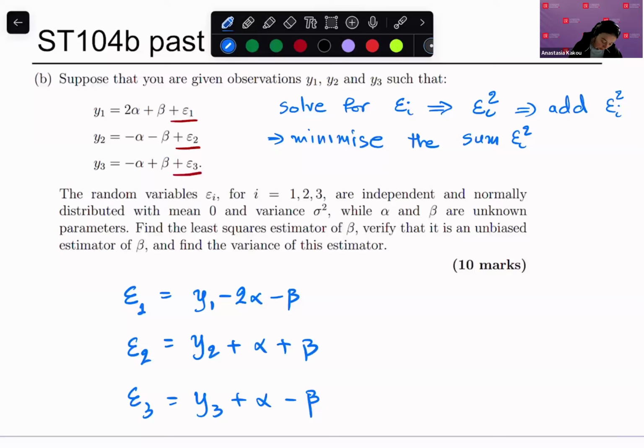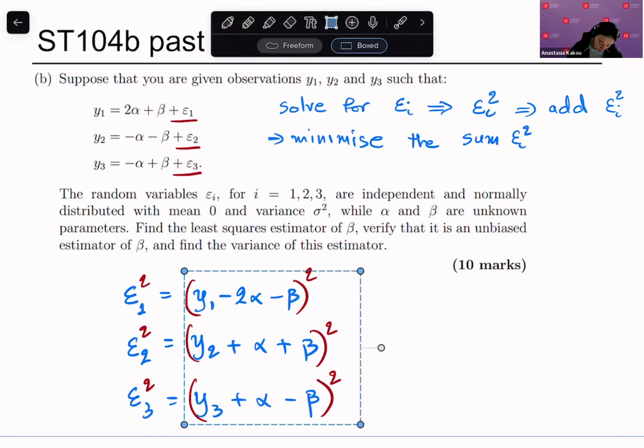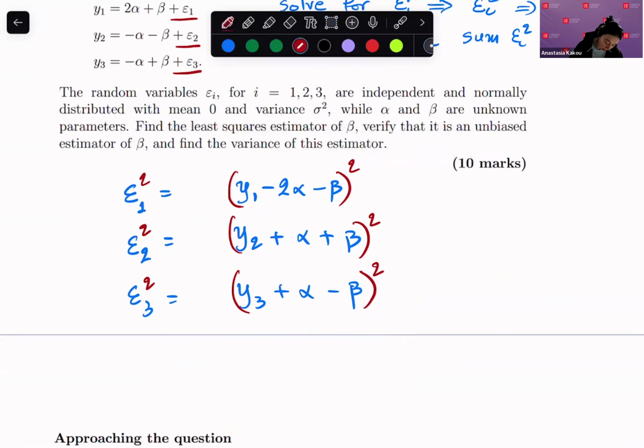And then, because this is what squaring is, the next step will be adding them up. So let me just write it as the sum. And then the last bit is to minimize with respect to A and B the sum of the squared errors from 1 to 3. Okay, so these are the steps.